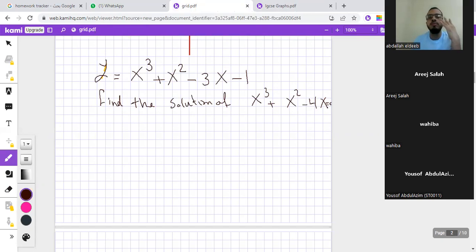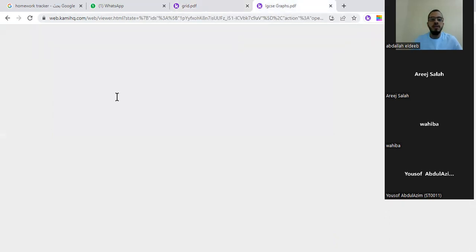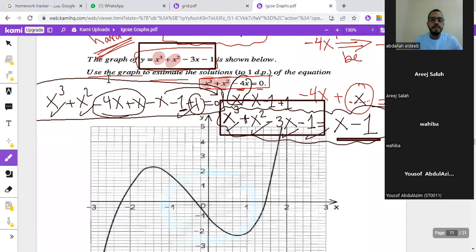It's hard, because if you want to solve x^3, you need 3 simultaneous equations to find the value of x. Even if it's easy to solve, read here, he says what? We don't need to solve it. He says use the graph. No need to solve it. Okay.